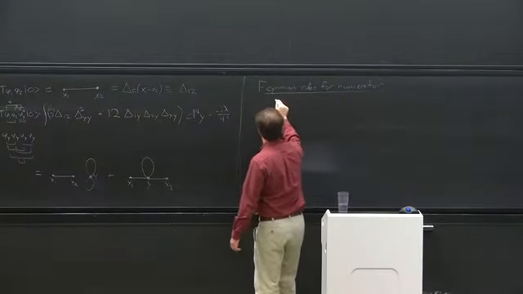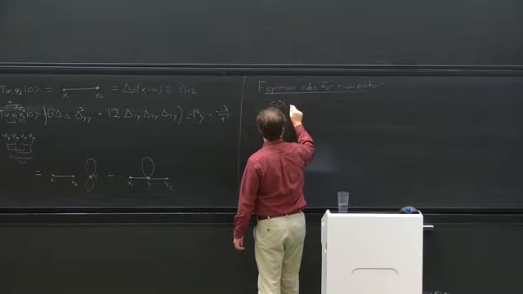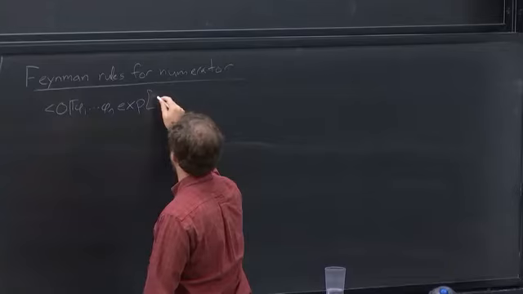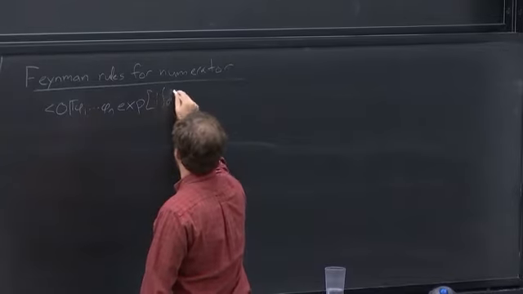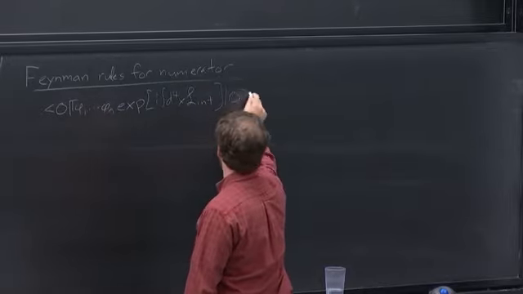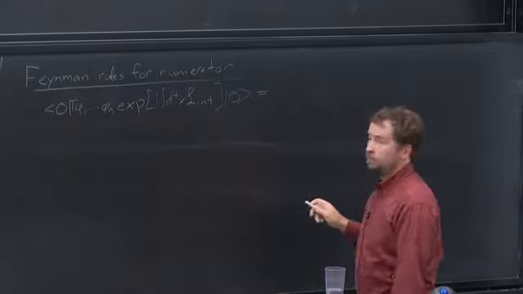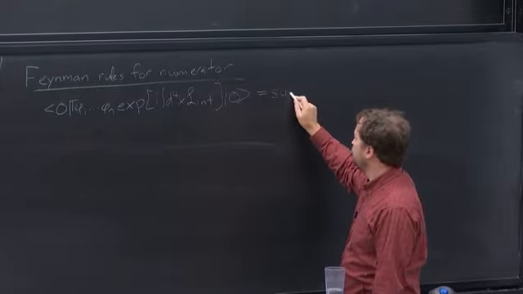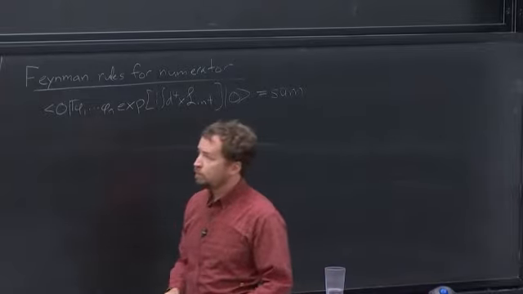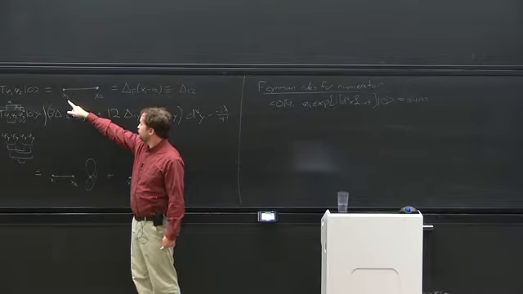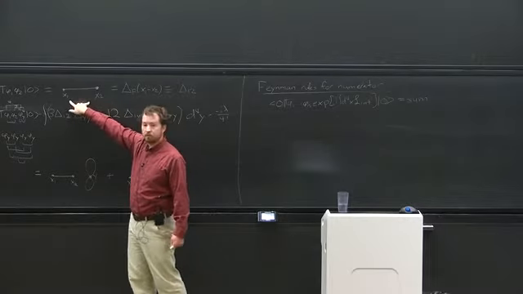Okay, so the numerator is 0, y1 through yn, exponential i, the integral of the interaction Lagrangian, is equal to a sum of diagrams. At leading order, I have the sum of all diagrams with our 2 external points.